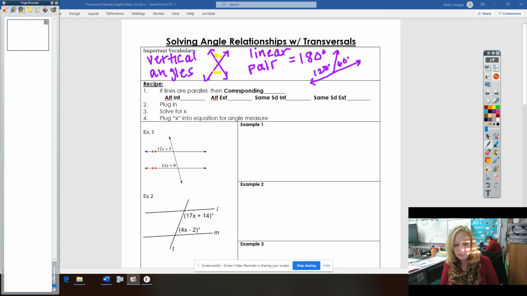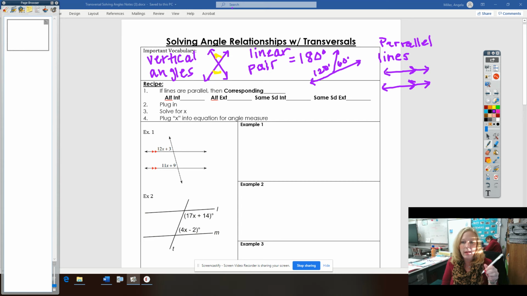And the last thing that we need to talk about is parallel lines. So parallel lines are two lines that are never going to touch each other. The big thing you need to remember about parallel lines is that if there is a double arrow like this, that is the indicator that they are indeed parallel.